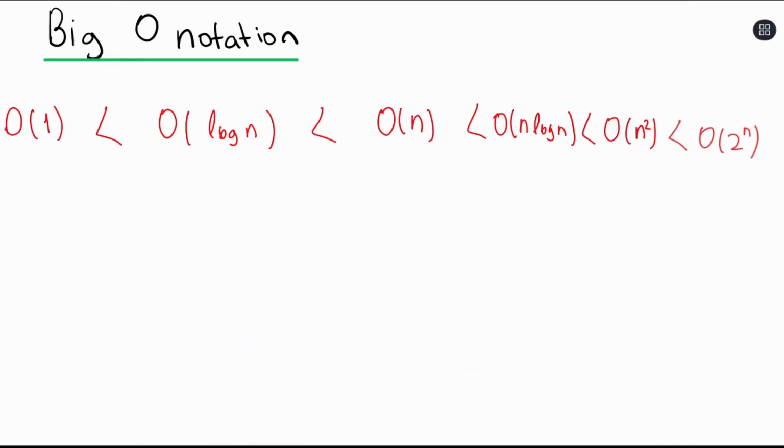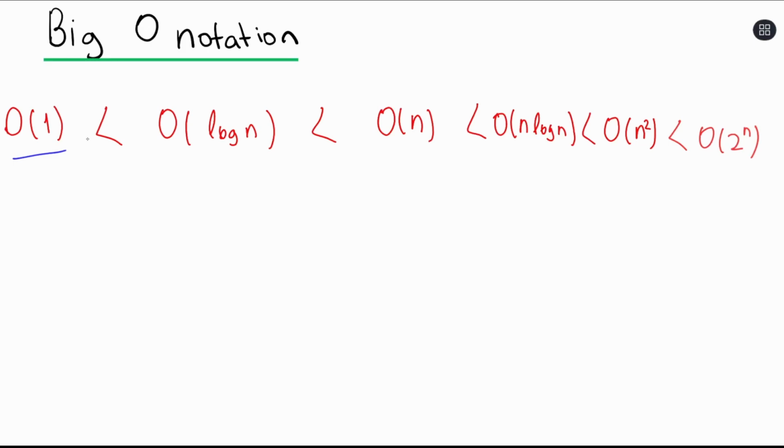Here are some big O notations that are commonly found that you will probably encounter at some point. These are ranked based on how well they do. So O of 1 is constant time. It always takes the same time, no matter how much input you give.